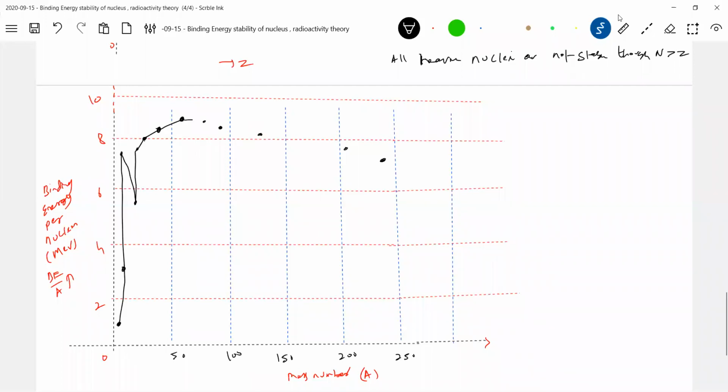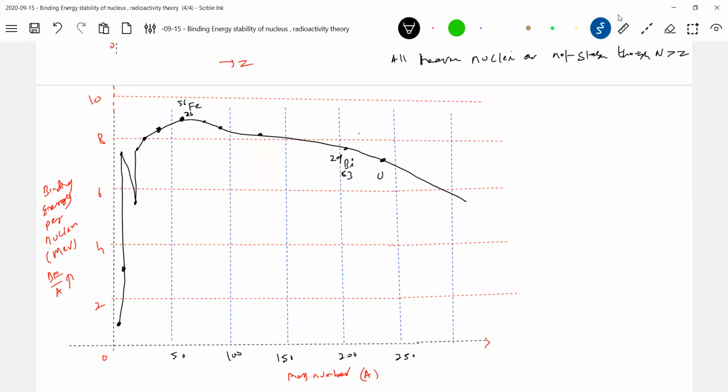And the stability curve. This is the iron, Fe. This is the bismuth, 209 and 83.